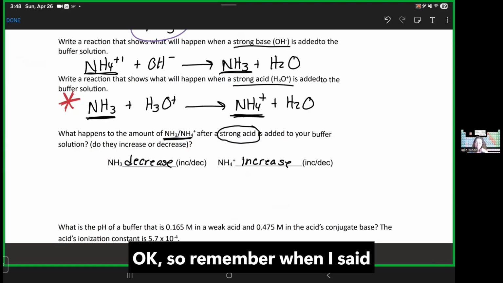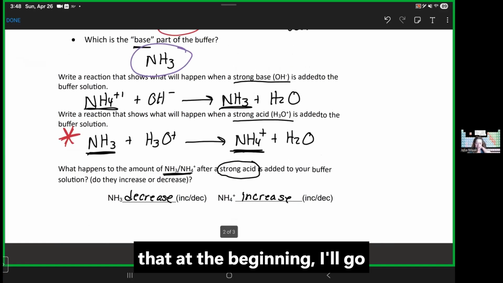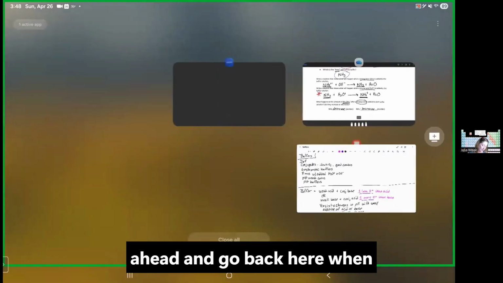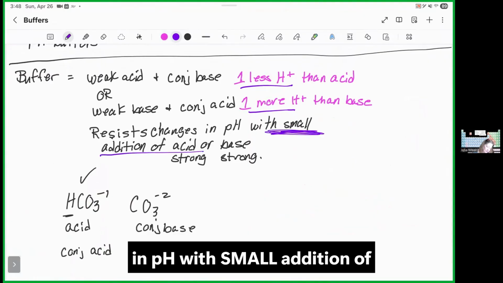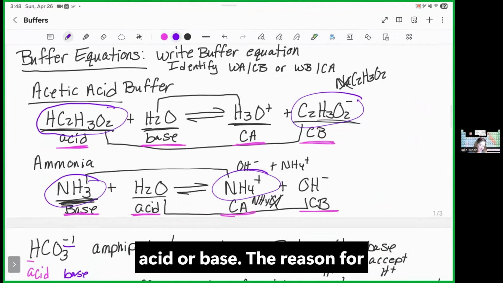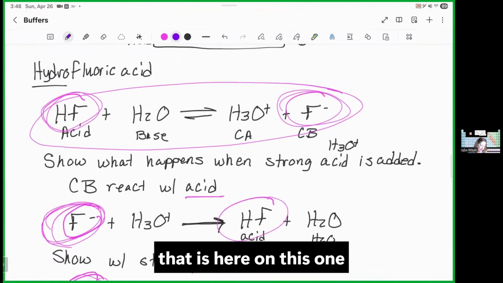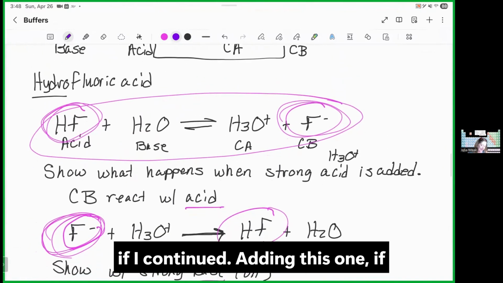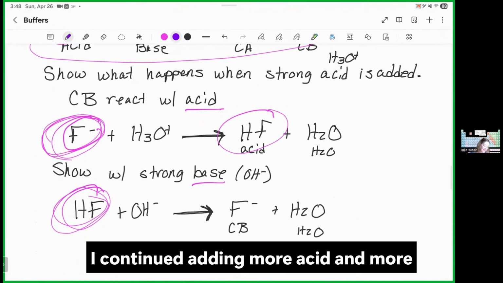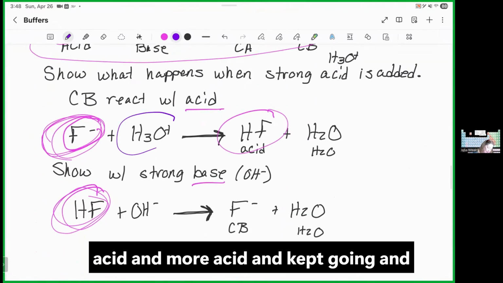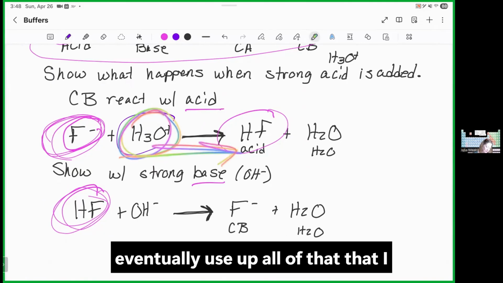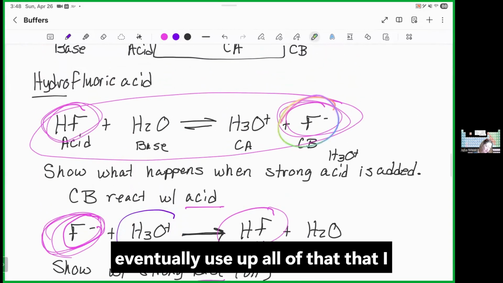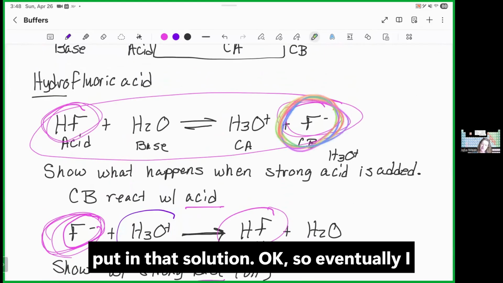Okay, so remember when I said at the beginning that it resists changes in pH with small addition of acid or base? The reason for that is here on this one, if I continued adding more acid and more acid and kept going, I would eventually use up all of that I put in that solution.